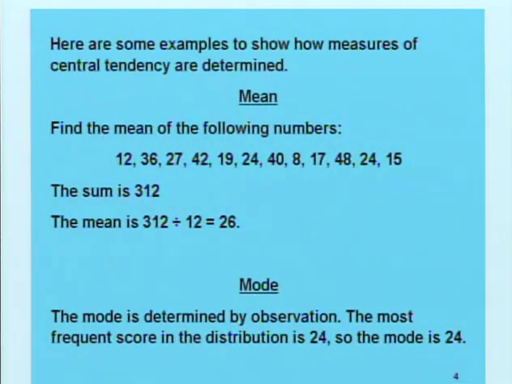The sum of those numbers is 312. The mean is found by dividing 312 by 12, which will give us 26. So the mean of the set of scores is 26.